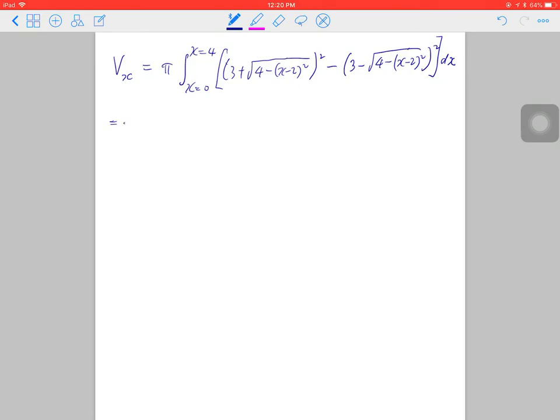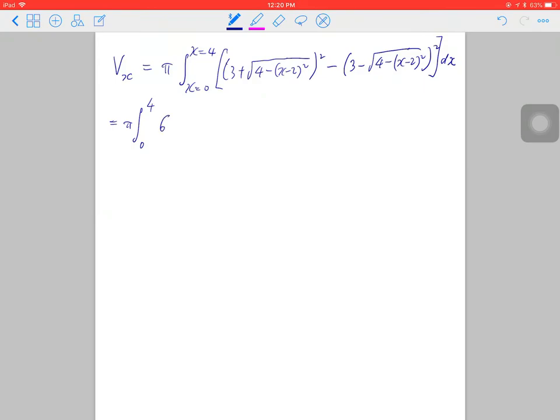Okay, simplify it. You may see that there are terms of a square minus b square. So I can use the identity a plus b multiplied by a minus b. So finally, I will make something like that.